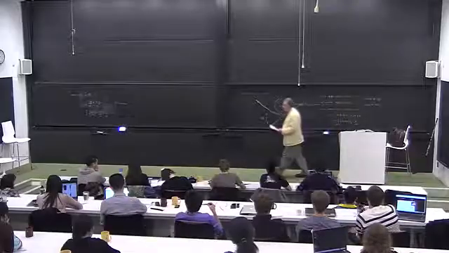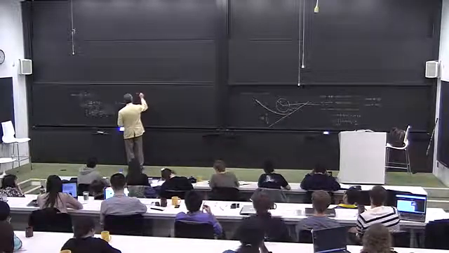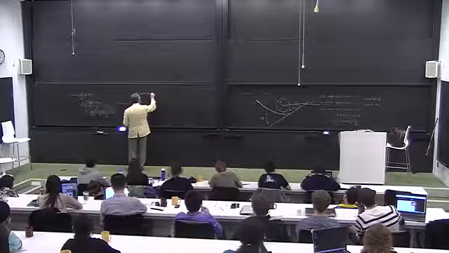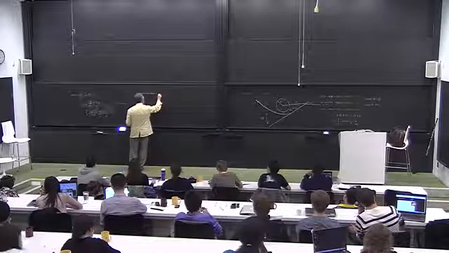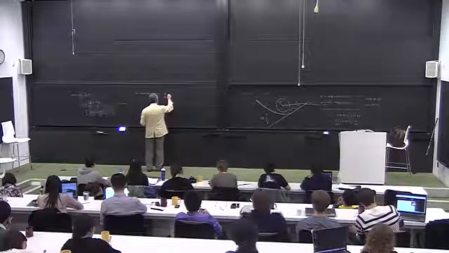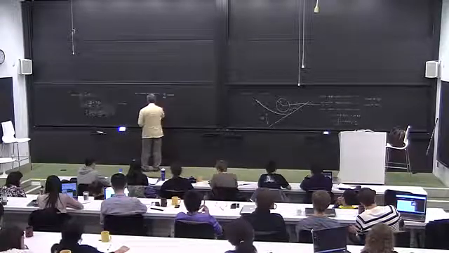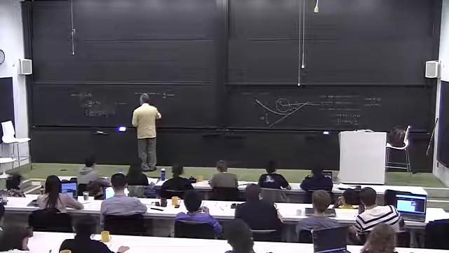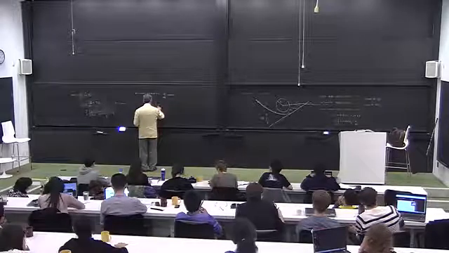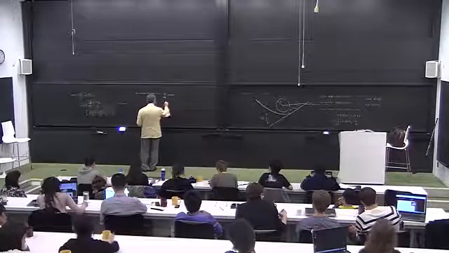And so we find J is R naught into 1 over B of R naught minus 1, to the half.